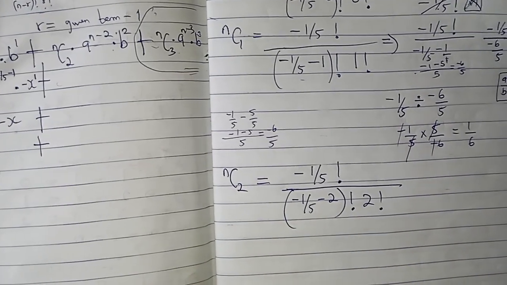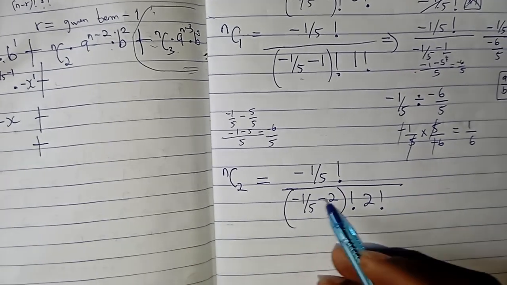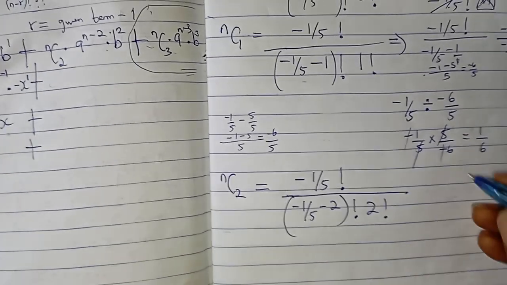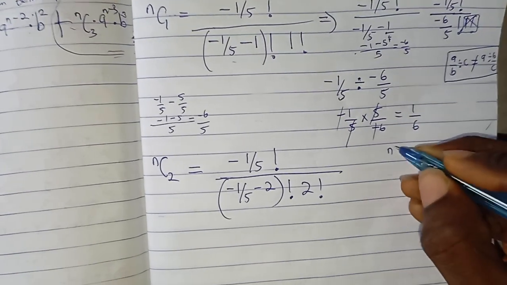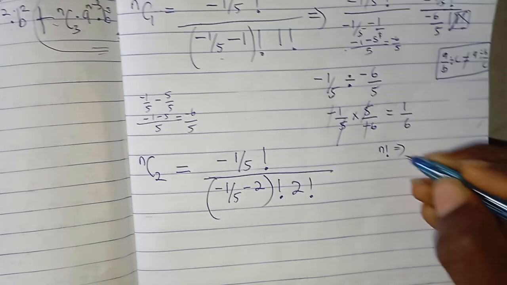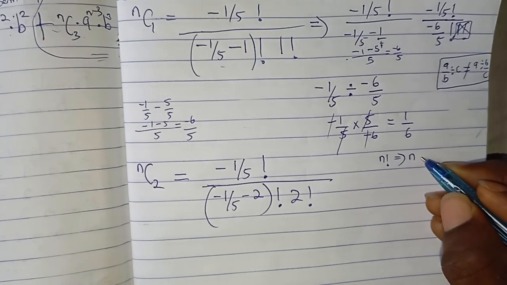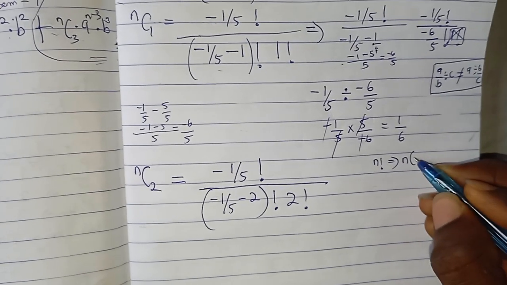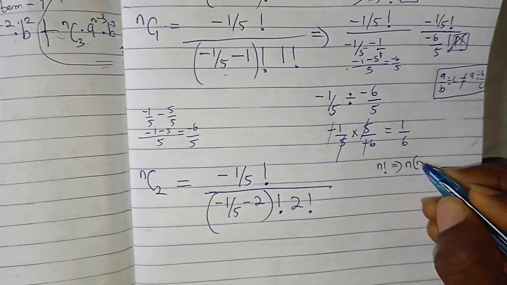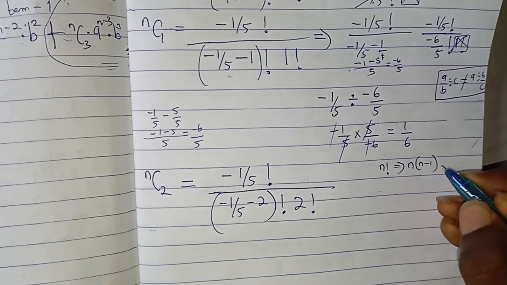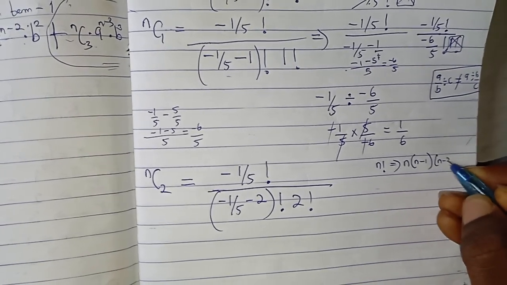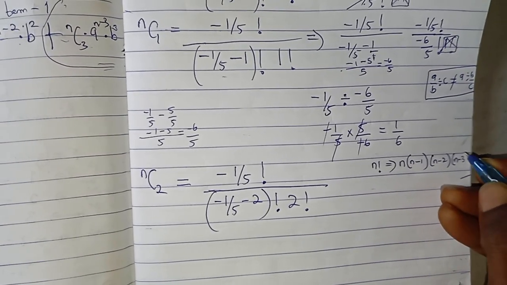Now notice that this up here, do you remember that? Please remember that n factorial is the function that multiplies itself with the numbers below it: n minus 1, n minus 2, n minus 3. What do I mean?